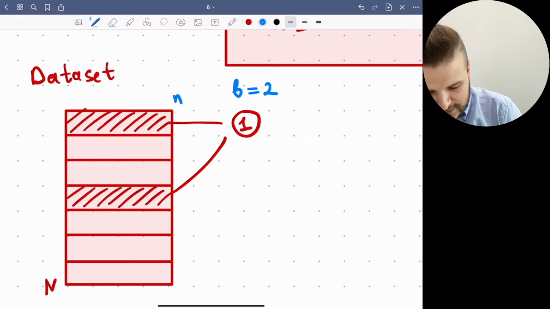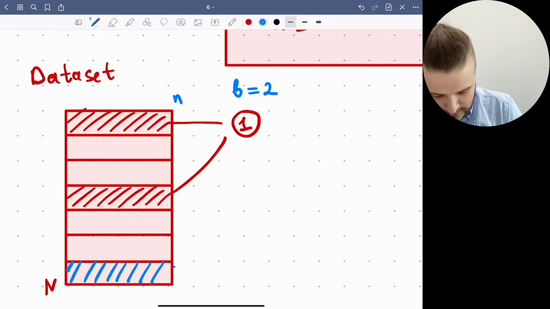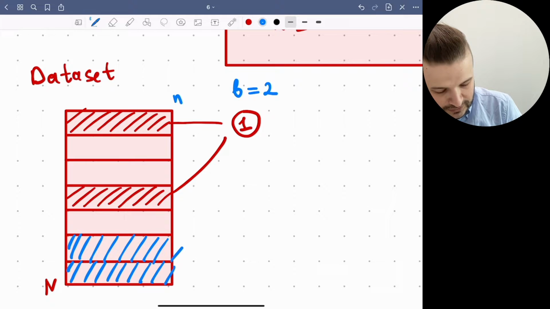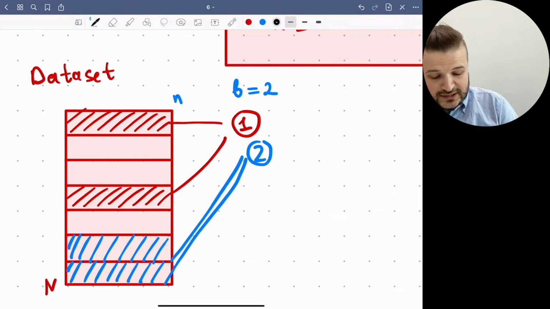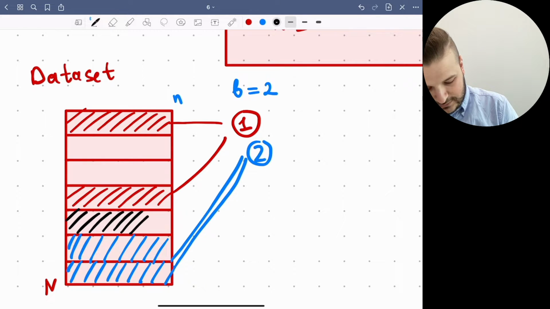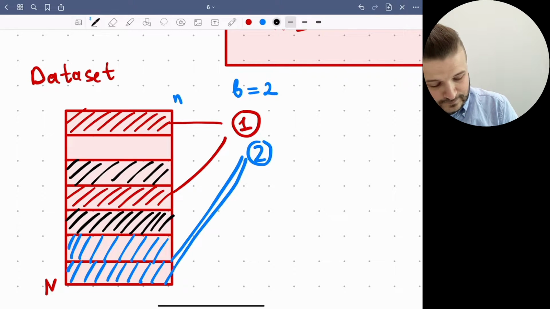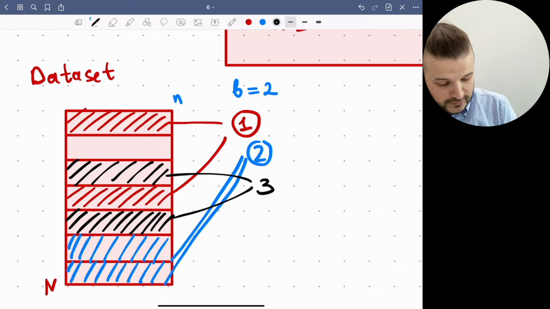Okay, so for the next batch, I'll select, let's say, this row and this row, for example. That will be the second batch. For the third one, I'll select this and this. That will be the third.